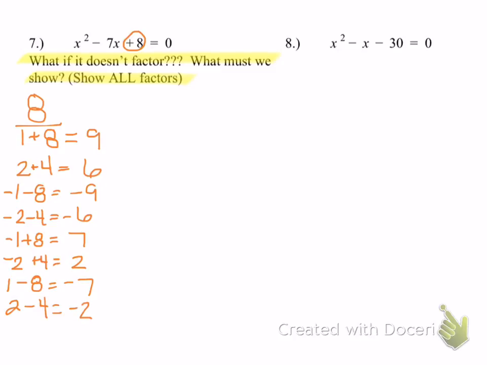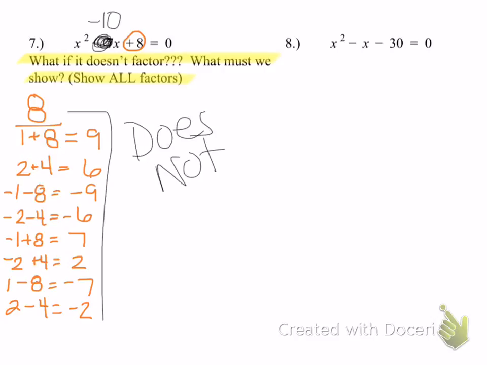Okay, so say in a weird situation that this number here wasn't negative 7. Let's say it was negative 10, and our goal was for it to get to negative 10. Well, I would have to show all of these just to make sure that there isn't a negative 10, so I could put does not factor.